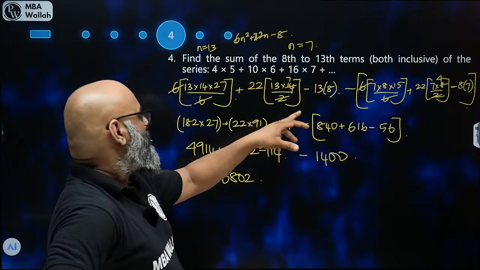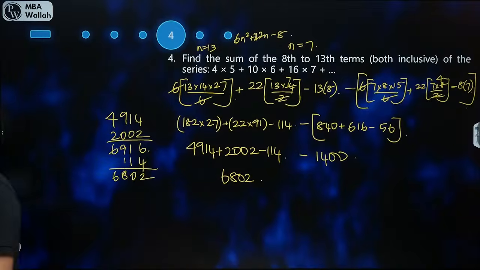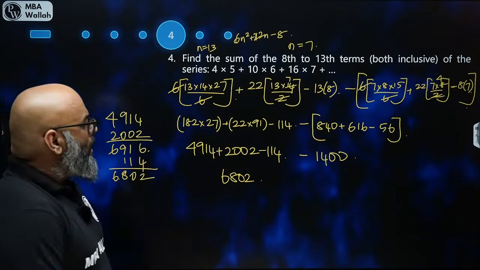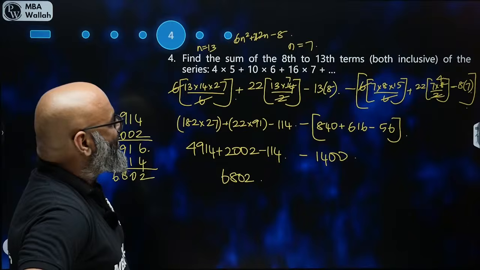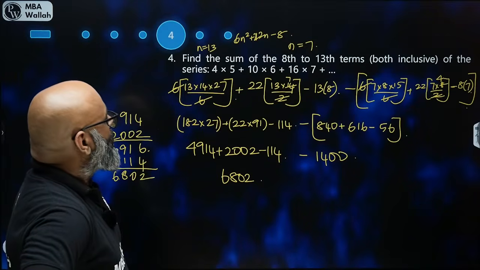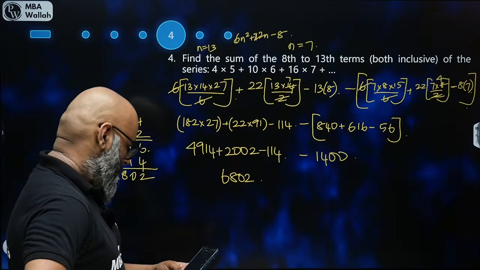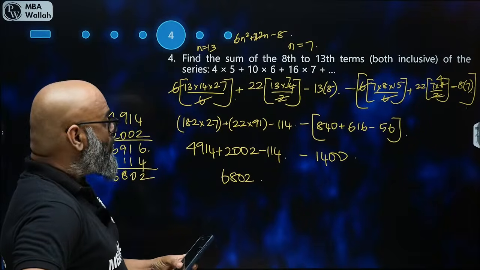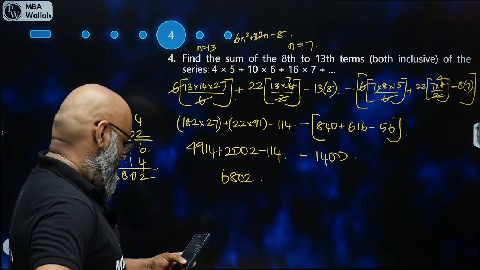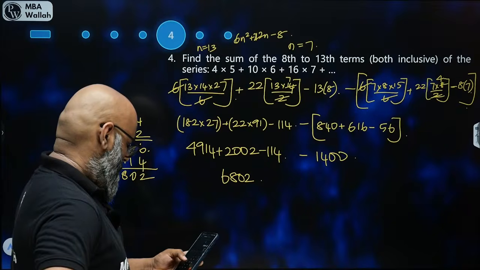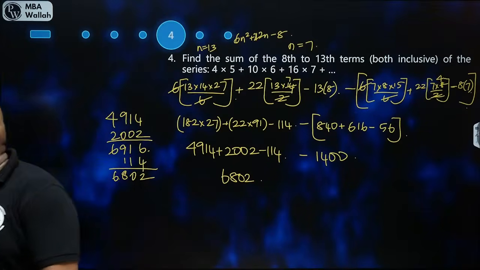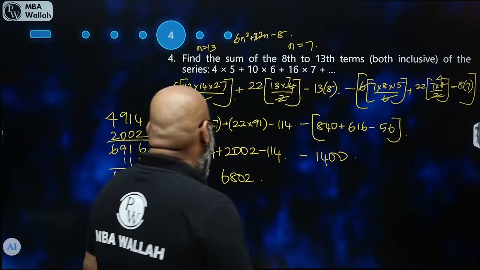This is 56 into 15. That's 840. And then 22 into 28, 11 into 56, 616. Are we getting 1400? Just checking every value here.